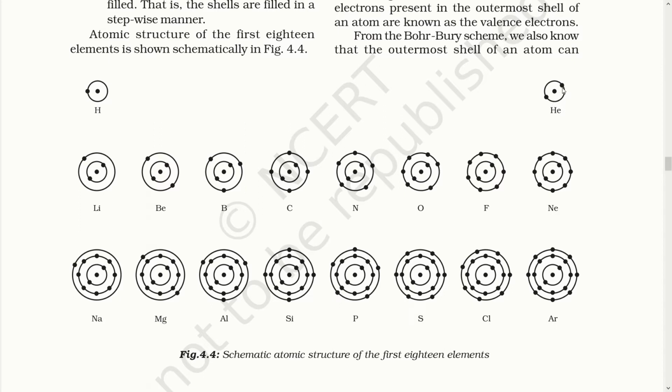Maximum 2 electrons can be accommodated in the first orbit. So 2 electrons are there and it makes one orbit. While lithium has 3 electrons, so 2 electrons are accommodated in the first orbit, while the leftover one will accommodate itself in the next orbit. So there will be 2 orbits for lithium.